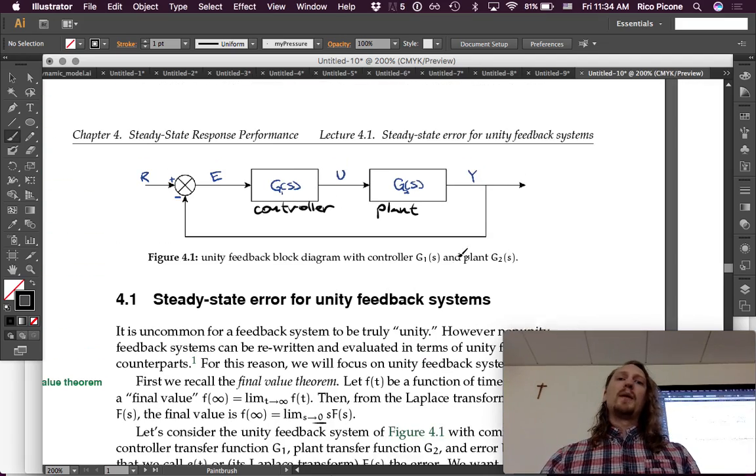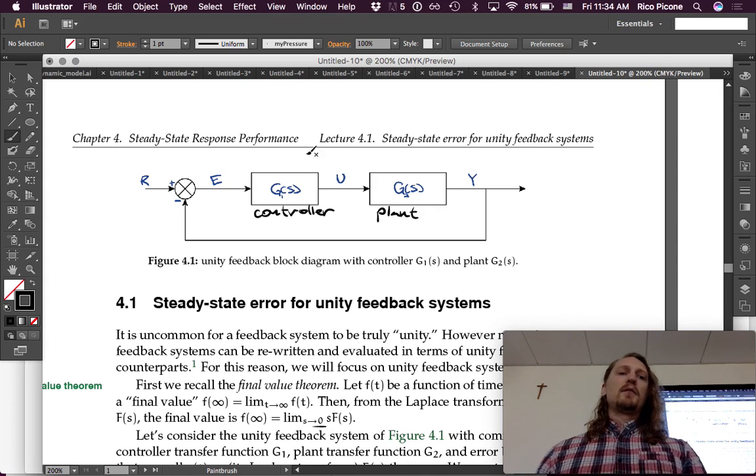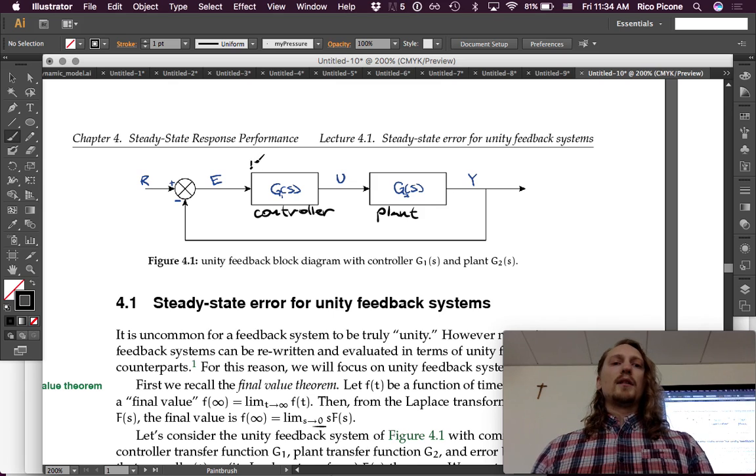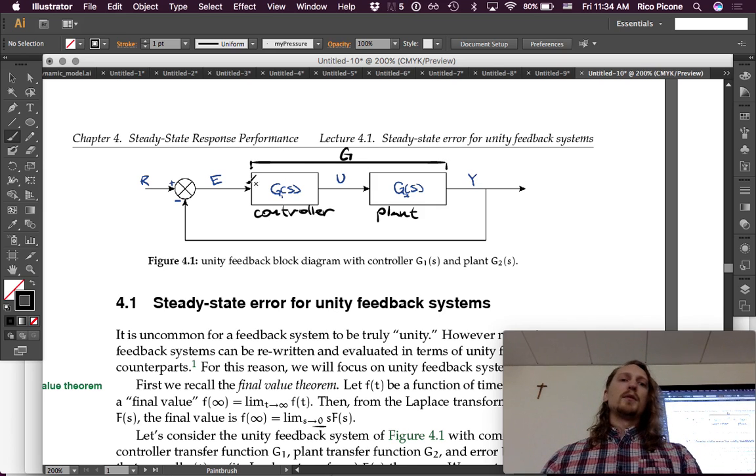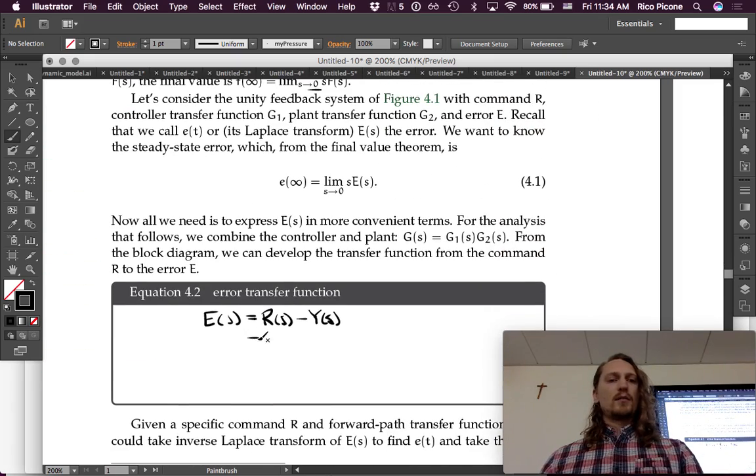Well, we can also write Y in terms of E, right? If we remember, we combine these to be G. So Y is equal to G E. So you can say this is equal to R of s minus G of s, E of s.